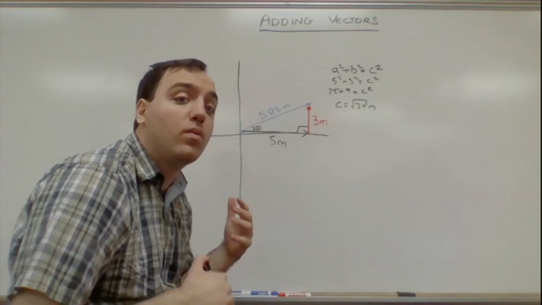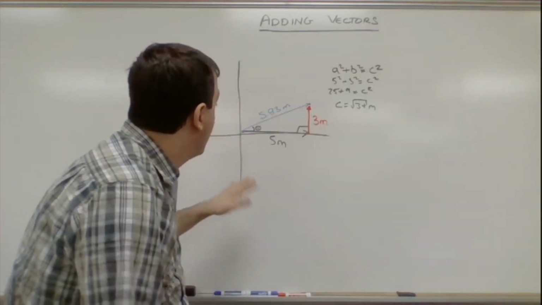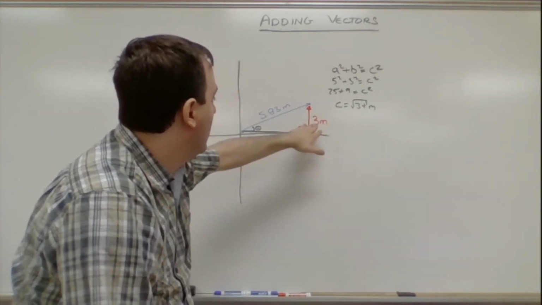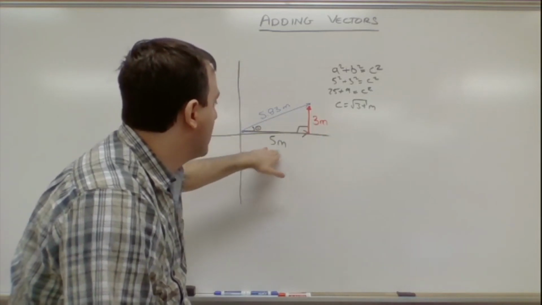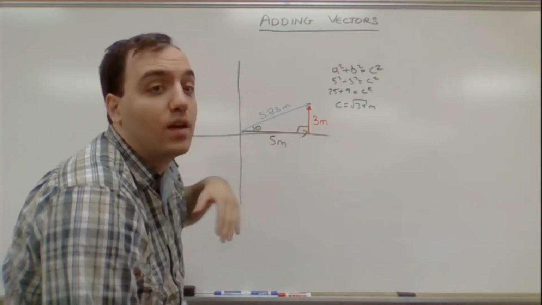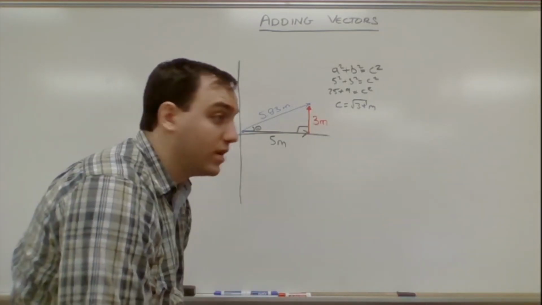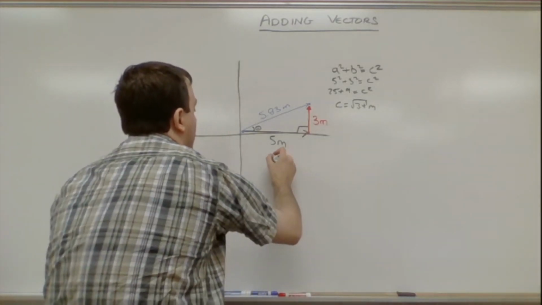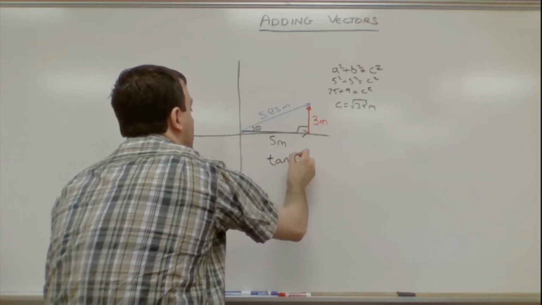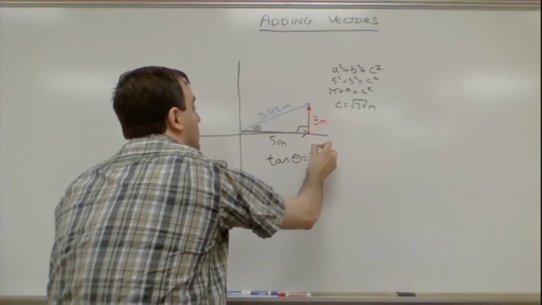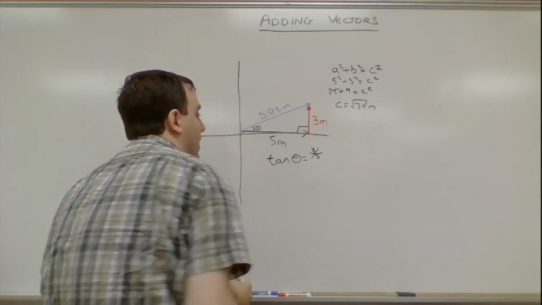So we need to go through and find, using this number on this side, which is the opposite and adjacent side. So SOH CAH TOA, T, tangent, opposite, adjacent. So we need to go tan of whatever angle this is equals 3 over 5.